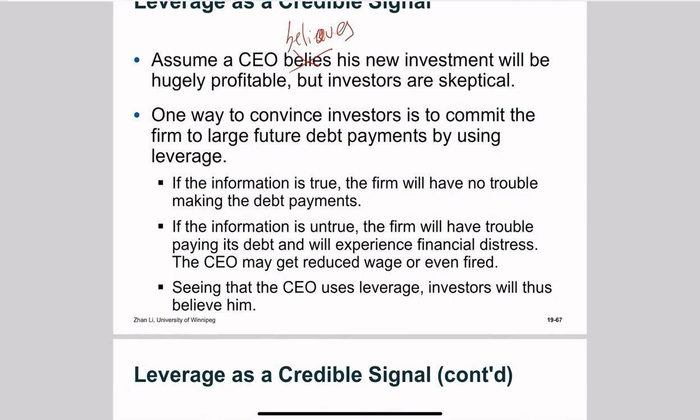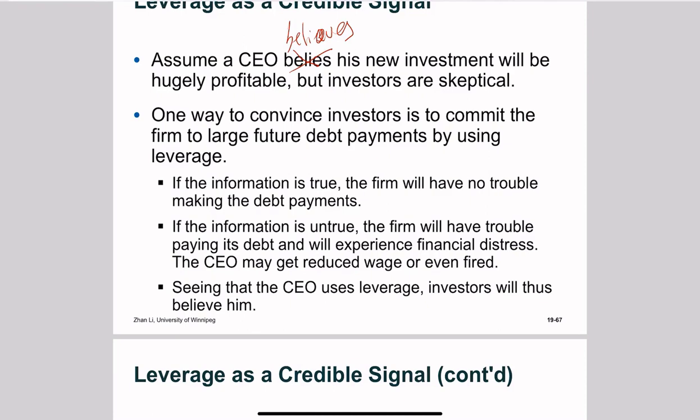If the investment is actually a good investment, the firm will have no trouble paying back the debt. And if the CEO is lying, that is, the investment is a bad investment, then in this case the firm will have trouble paying back its debt, and potentially the firm will be in default or file for bankruptcy.